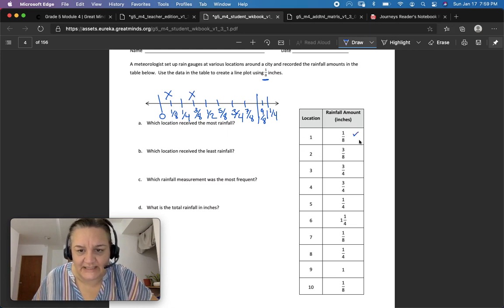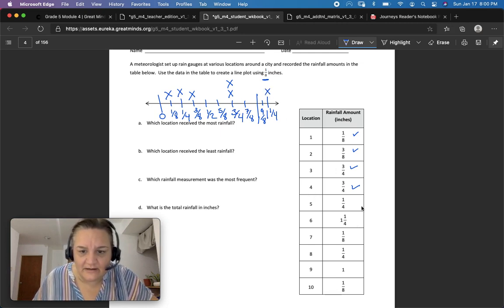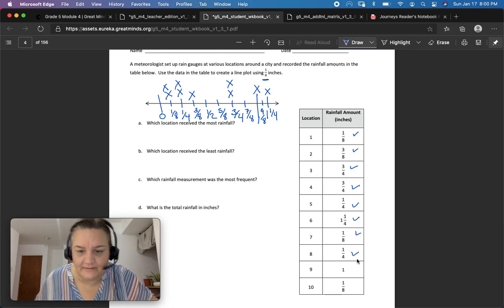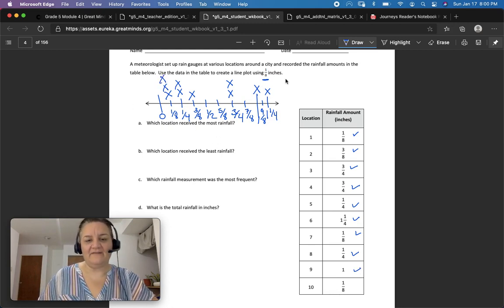I'm going to put a little check next to them. 3/4, that's here. 3/4, that's another one, so we'll put the X on top of it. 1/4 goes over here. 1 1/4 is here. 1/8, that's here. Oh, I'm not checking them off. 1/4, 1, and 1/8.